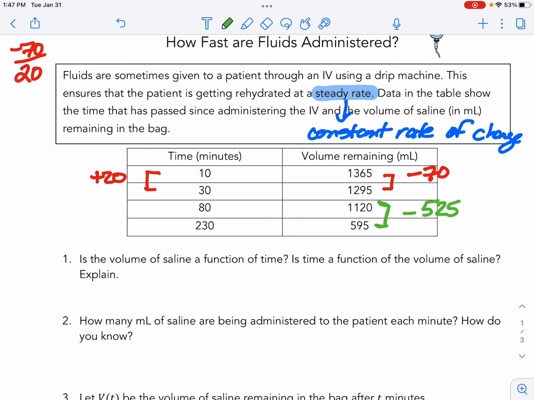And if I look at the corresponding inputs again, I'm going from 80 to 230. 80 to 230 is definitely a larger jump on the x values compared to 10 to 30. And I get 150. Now, wait a minute. This should be a constant rate of change. And when I did that from the first two points, it was negative 70 over 20. Here, from the last two points, it's negative 525 over 150.